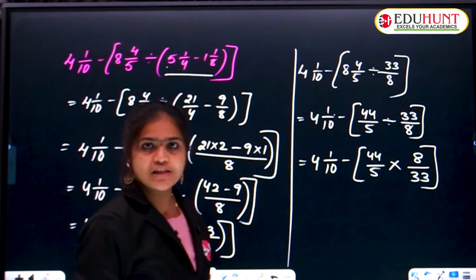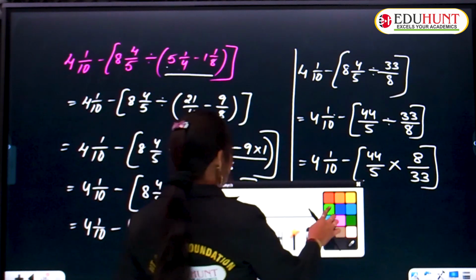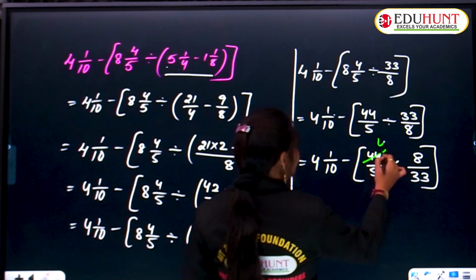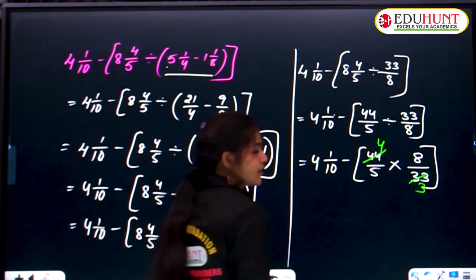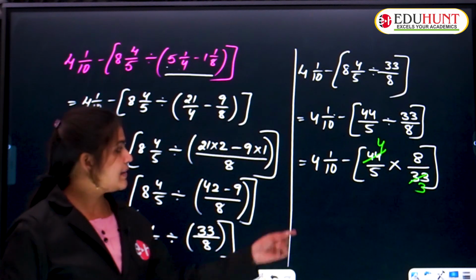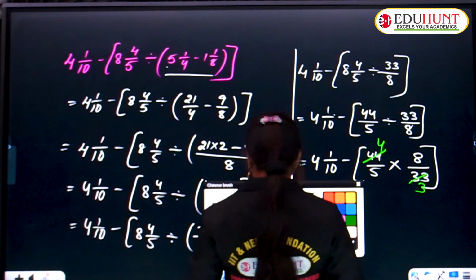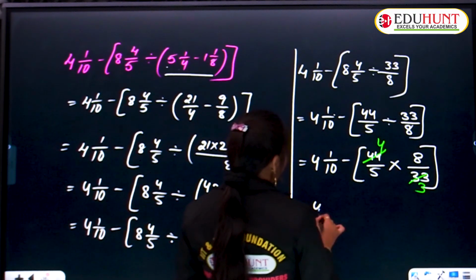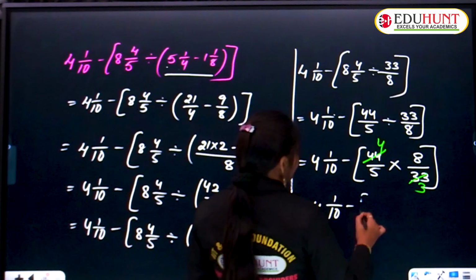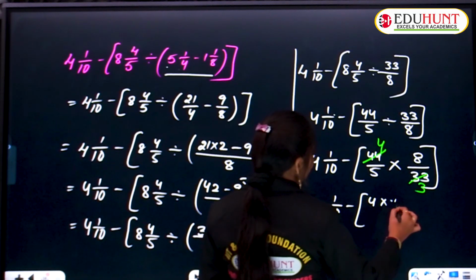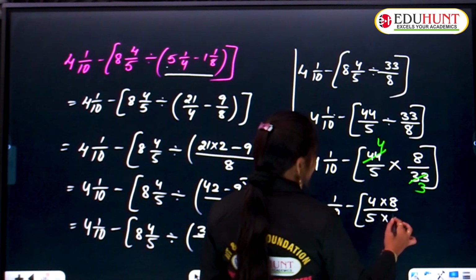Now, are any cancellations possible? Of course, cancellations are possible here. 11 4s are 44, 11 3s are 33. After that, 4 1/10 minus 4 into 8 by 5 into 3. Any cancellations possible?